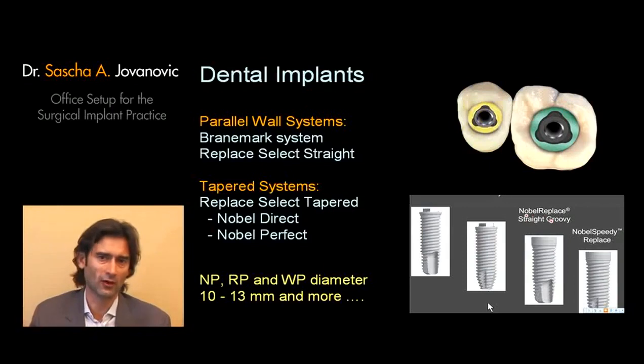Regular platform is a very good system, and we use the wider or the narrow ones when indicated from a standpoint of more restorative needs. Of course narrow platform, a good example would be a lateral incisor. A wide platform, a good example would be the molar.